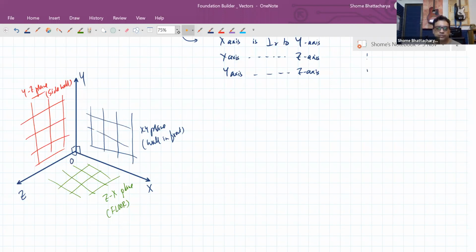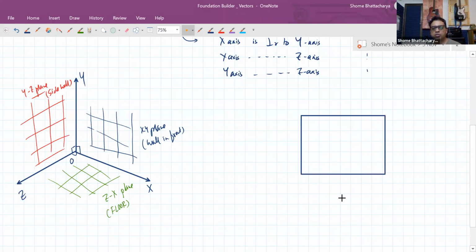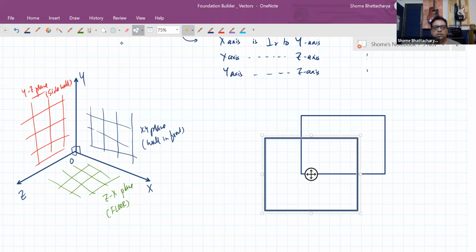that is the common origin. So another way to visualize this three-dimensional system is, instead of this, you visualize something like this. We have made a rectangular box. So take any one corner of the box as your origin, and the three mutually perpendicular edges of the box become your X, Y, and Z axis.